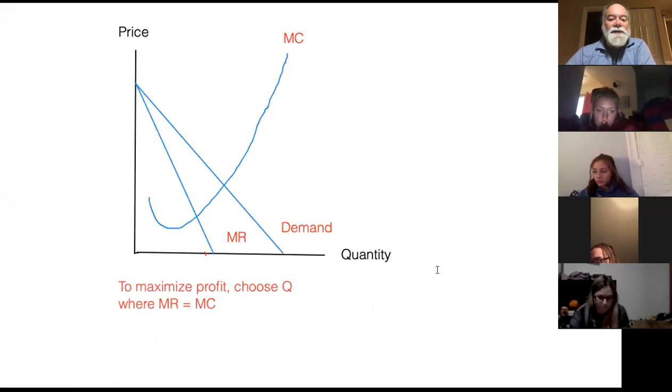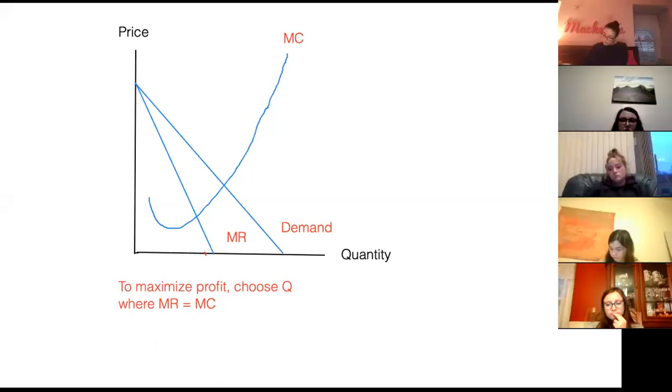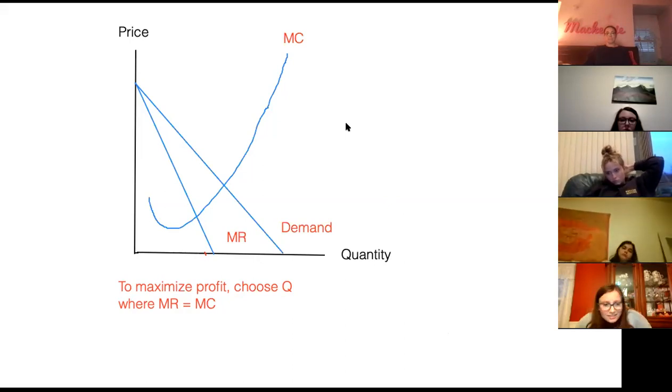Okay, now the question is, what quantity is that on the graph? So let me find a volunteer. Emily, you're a volunteer. Okay, Emily, where's the quantity? You mean the x-axis?